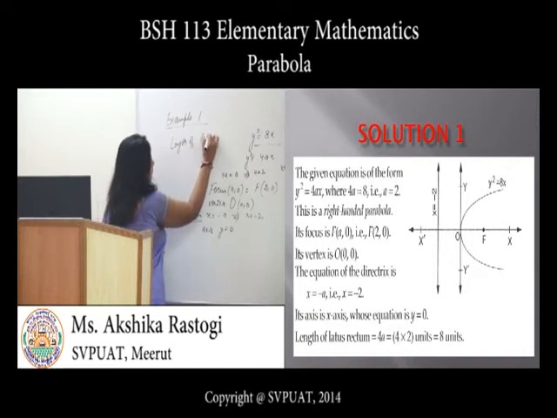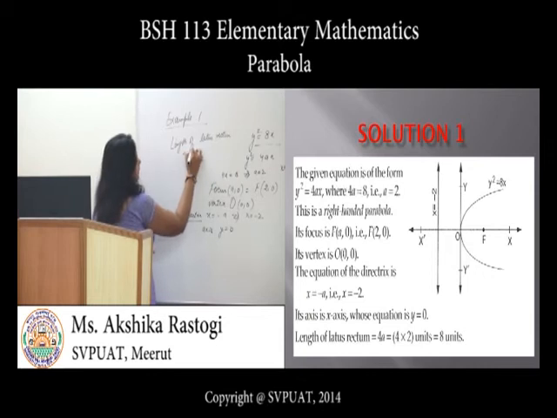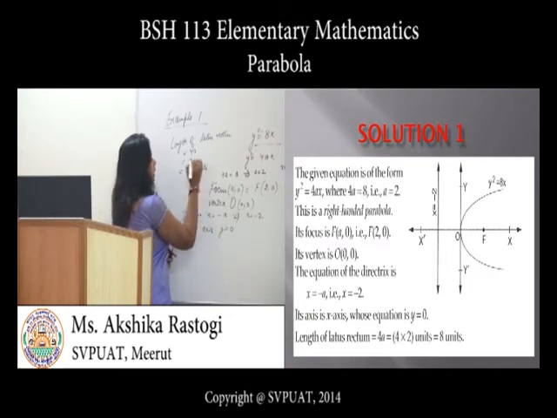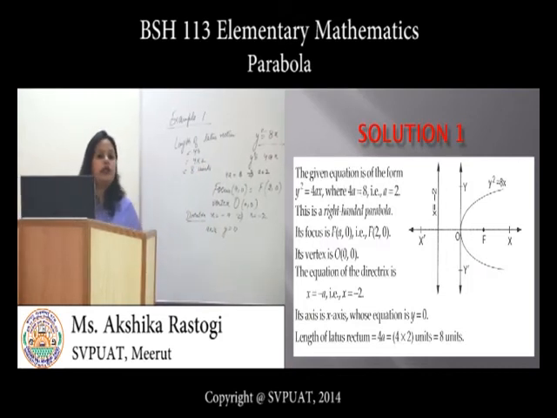Length of latus rectum is 4a, that means 4 into 2, which is 8. It's a distance, so we have to write units. So the length of latus rectum is 8 units.